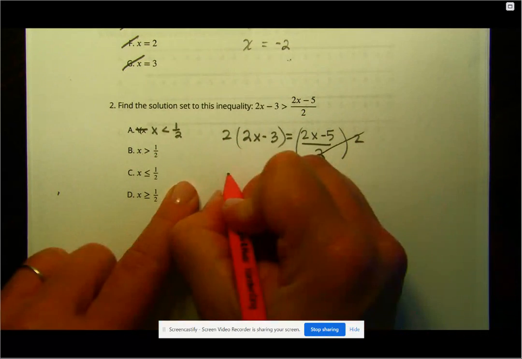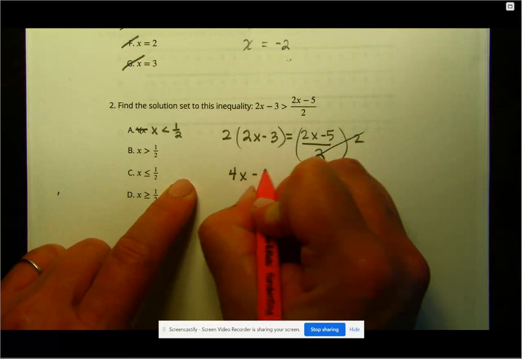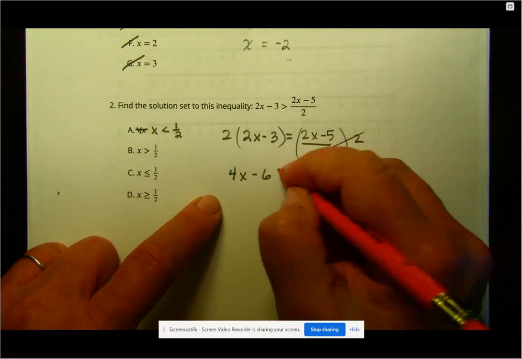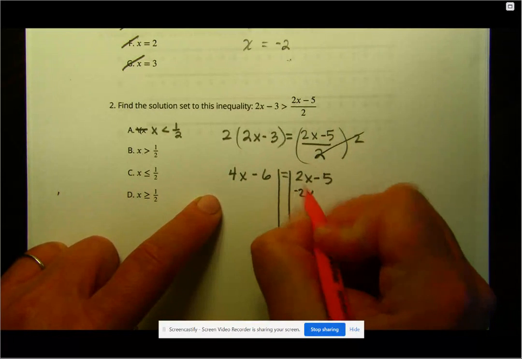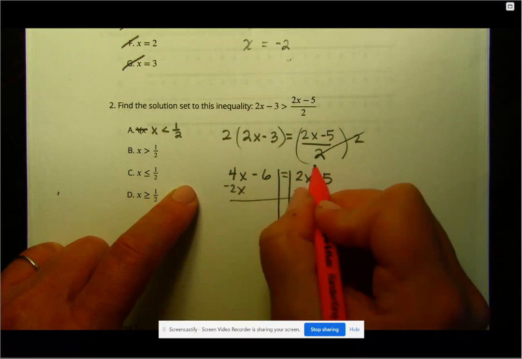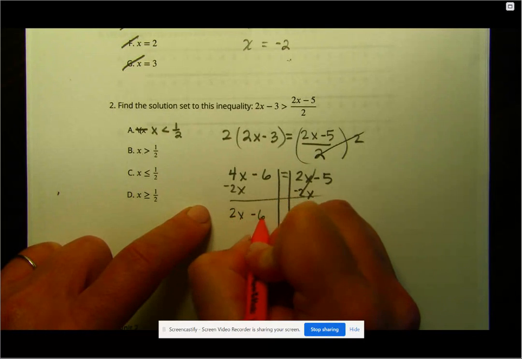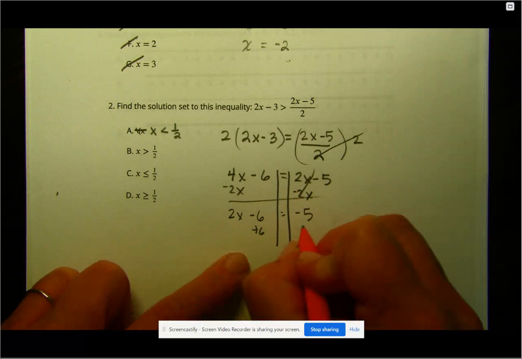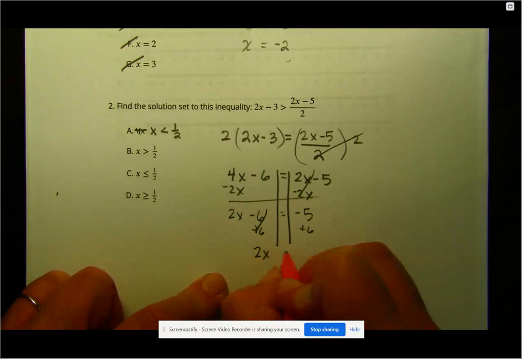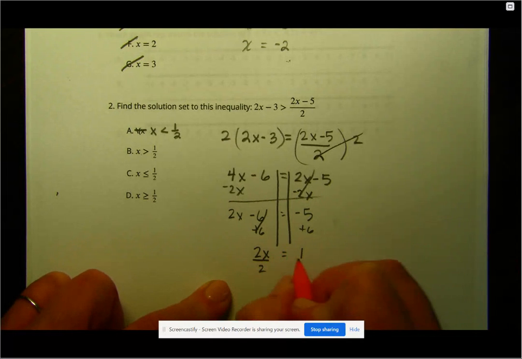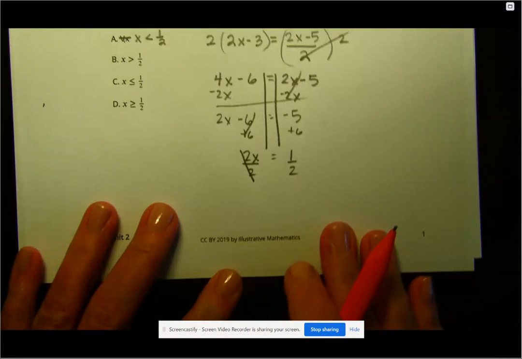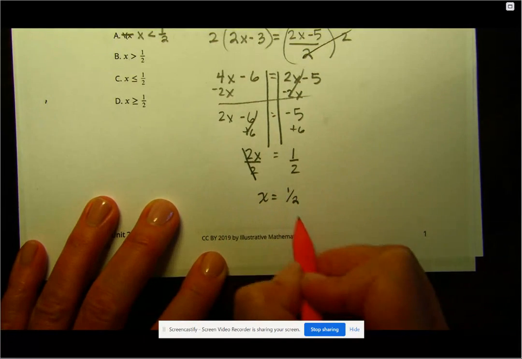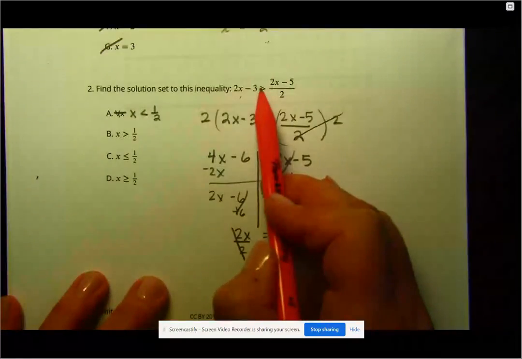We are figuring out what value of x would make both sides equal each other. Move the x term over. 2x minus 6 equals negative 5. Add 6. 2x equals 1. Divide by 2. X equals 1/2.